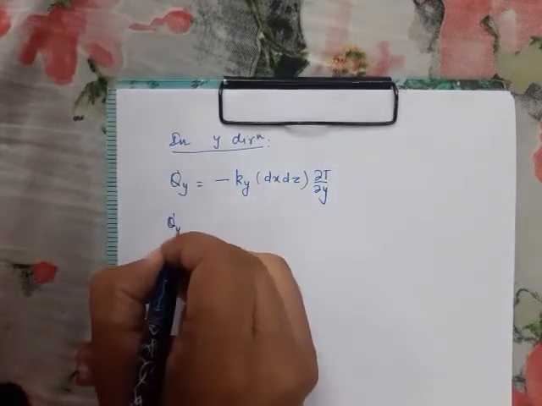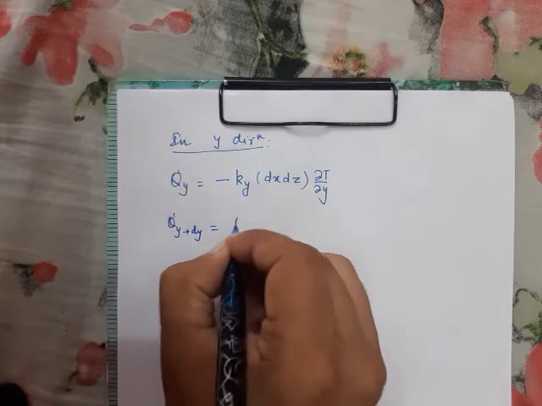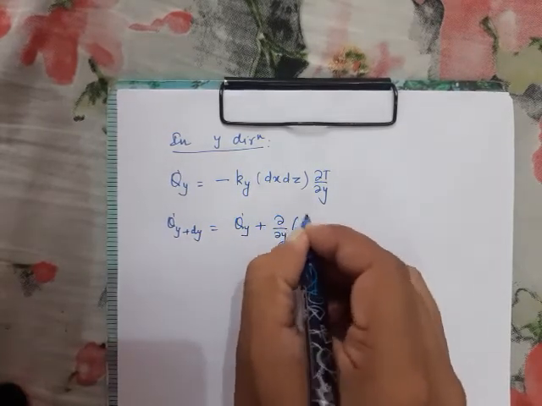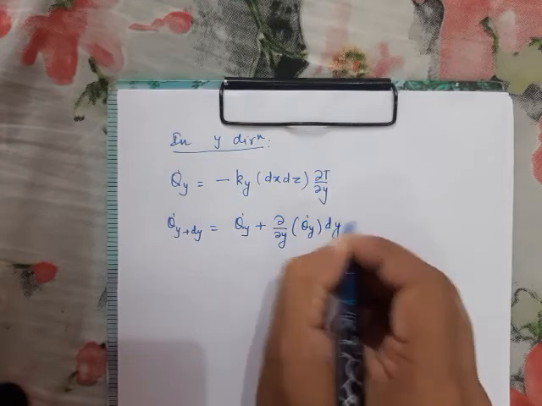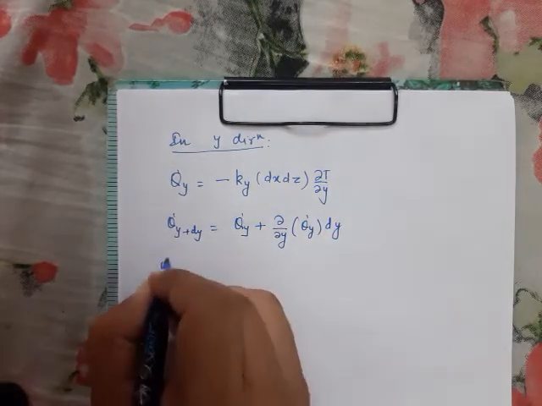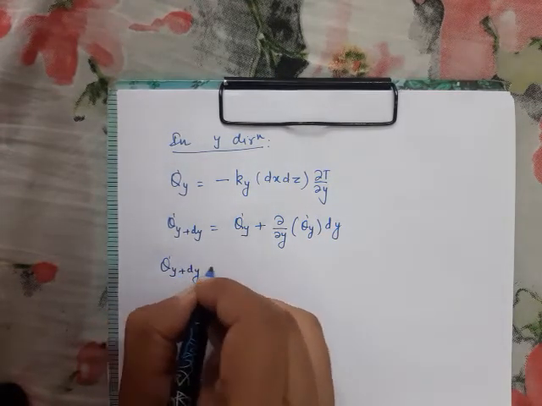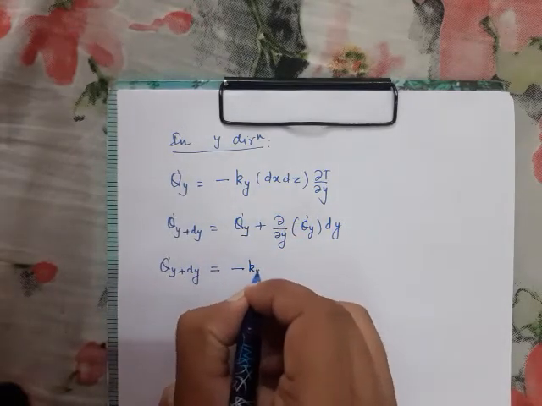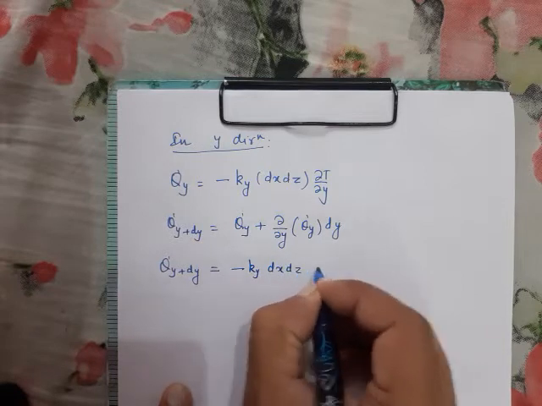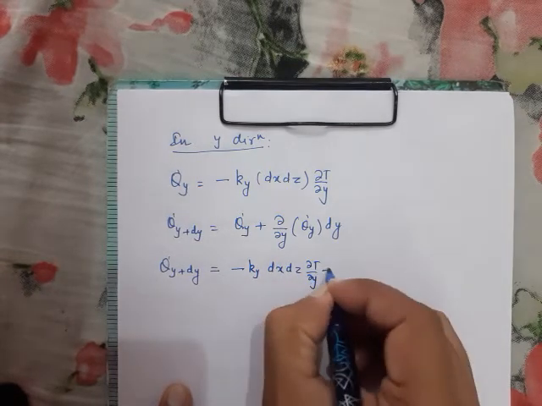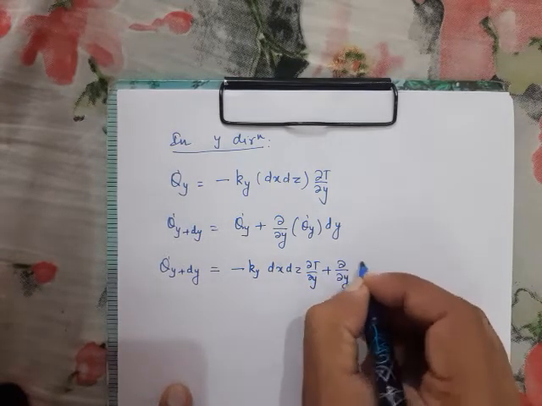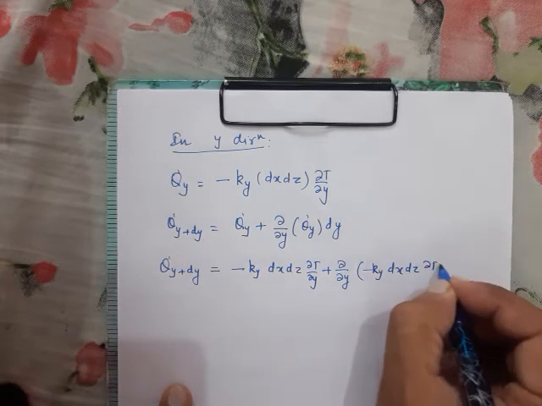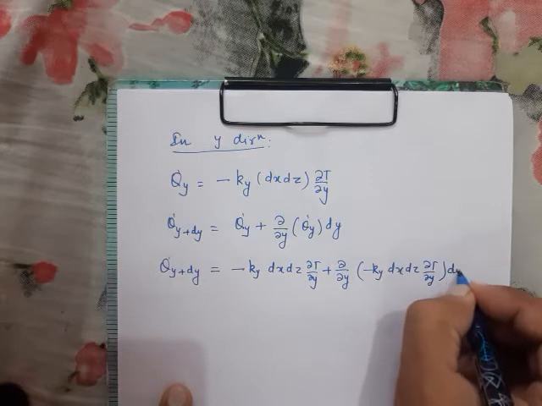And q dot y plus dy can be written as, first of all, q dot y plus del upon del y of q dot y dy, which can further be written as minus ky dx dz del T upon del y plus del upon del y of minus ky dx dz del T upon del y dy.